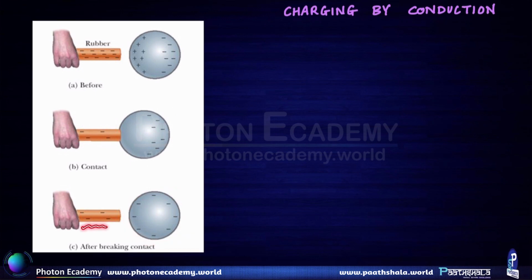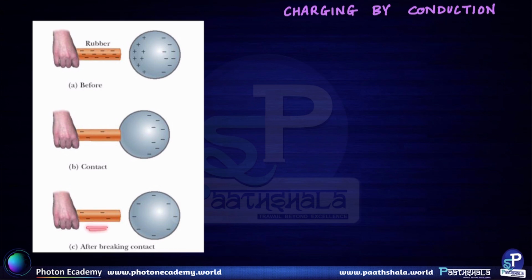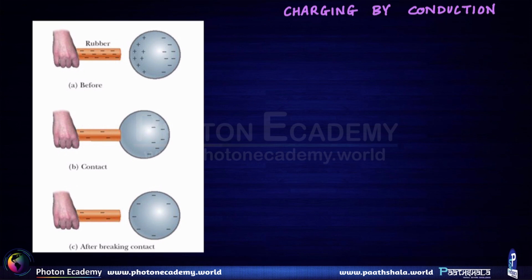Here we have to assume that this rubber is far away and there is no induction effect and no repelling effect of this rubber on the sphere. Hence, after the rubber loses contact with the sphere, the remainder of the electrons on the sphere get uniformly distributed, and because of that the sphere is now effectively negatively charged.